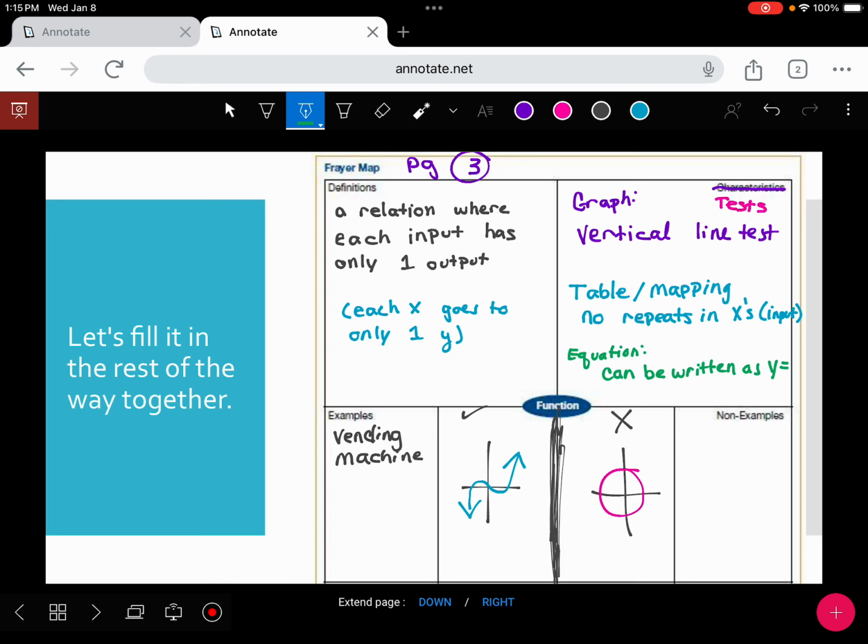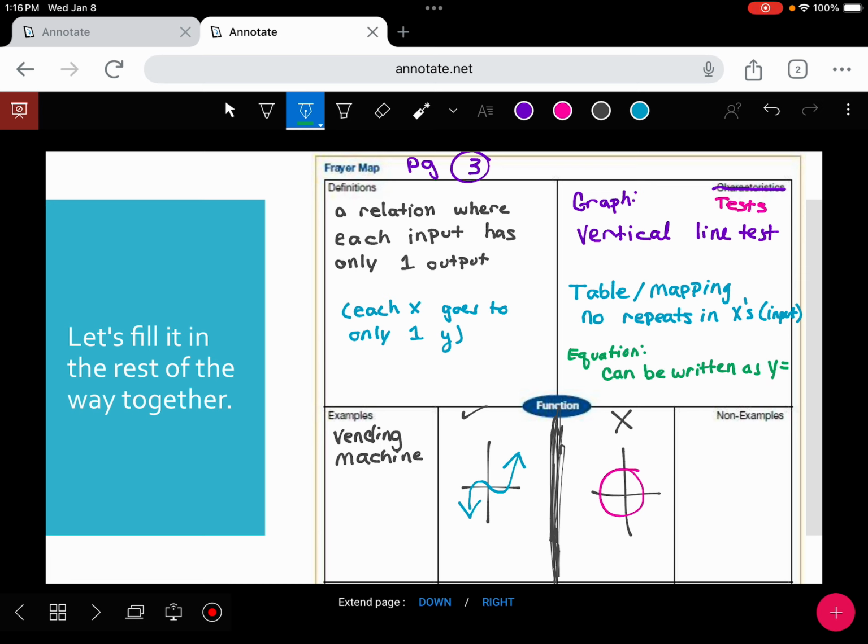Okay, so when we're looking at the tables or at the mappings, we're going for no repeats in the x's or no repeats in the inputs, because it's labeled as an input on there. On the equations, we're looking to see if we could get them to be a y equals. So if we can write it as a y equals, it can be a function.